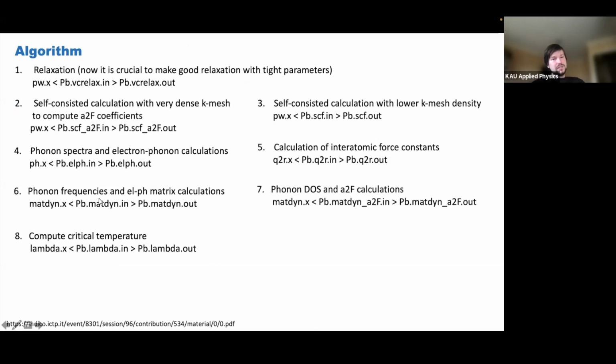That's why they are combined in these routines. So phonon frequencies, phonon dispersion, and phonon line width are calculated by one calculation, and by another calculation we can get the phonon DOS and this spectral function. And then we have this, if we successfully passed all the steps.